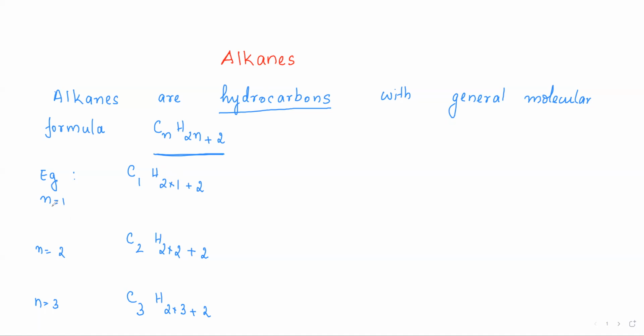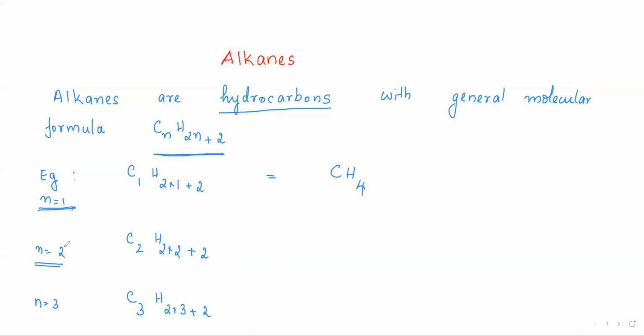So, say for example, if you take n equal to 1, that is just one carbon is present, then substitute n equal to 1. So you get C1H(2 into 1 plus 2), that makes it CH4.